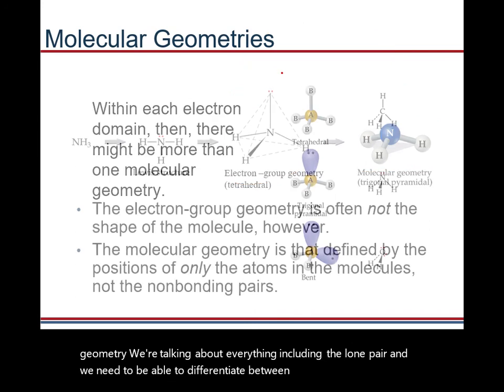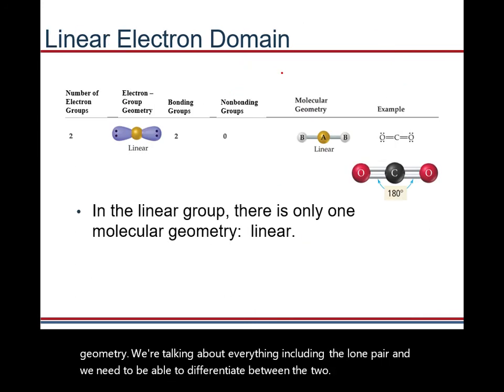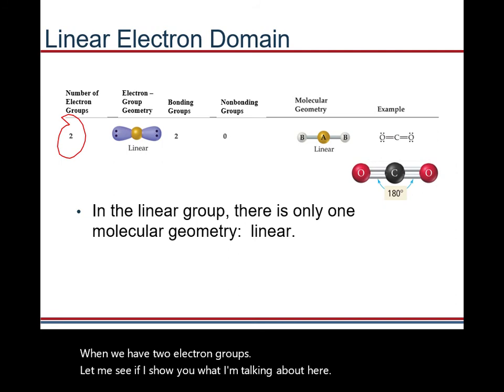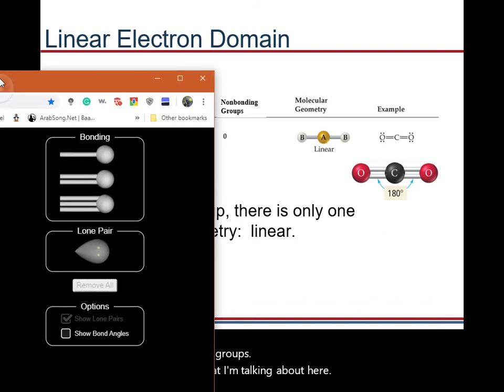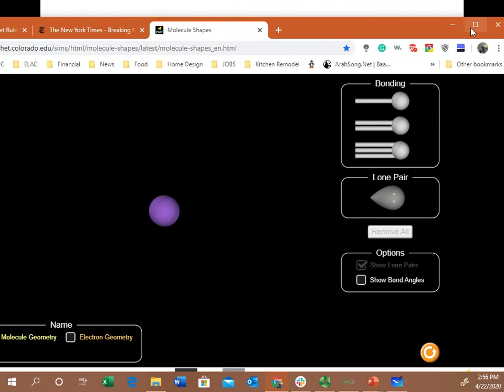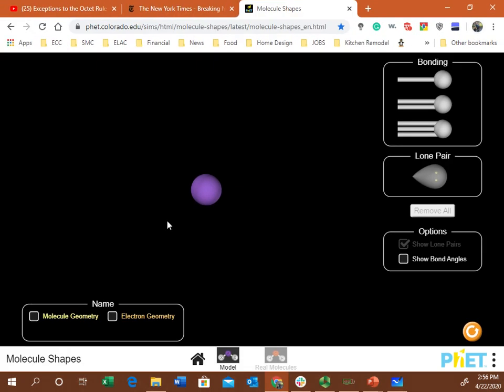Okay? Let's start with the linear electron geometry. When we have 2 electron groups, let me show you what I'm talking about here. Okay, so when I have 2 electron groups, let's say I have 2 lone pairs.